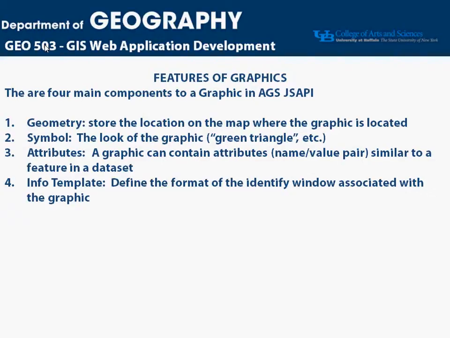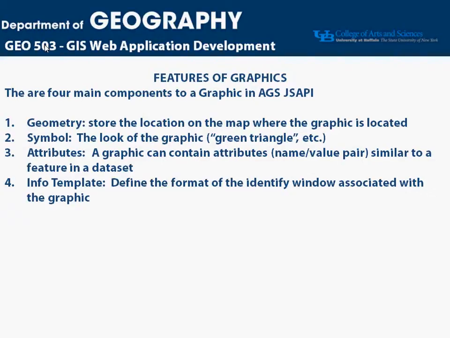But this goes beyond what ArcMap graphics are. Unlike ArcMap, you can attach attributes to a graphic. You could grab attributes from a real feature layer from a GIS dataset and attach them to a graphic. That's not something you would necessarily do in ArcMap.